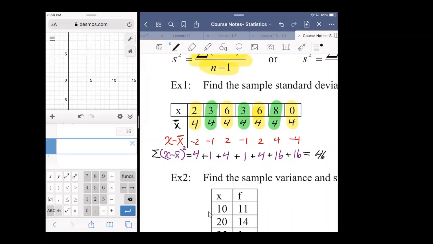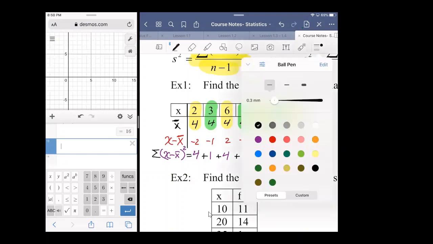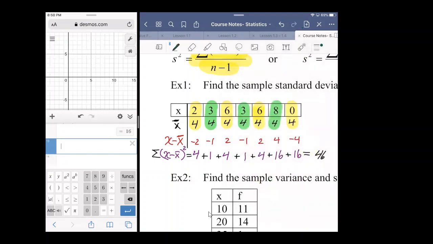So that's the top of the fraction. The top of the fraction has been accounted for, so that's good news. Now we need the bottom of the fraction. The bottom of the fraction is n minus 1. N is the total number of values in the set. So I'm just building around all the work that I've done. I'm going to go green for those who can score home. N minus 1.